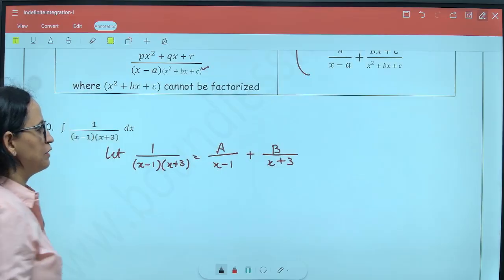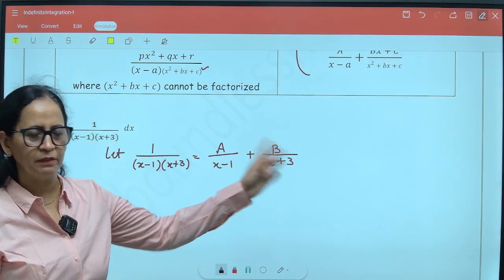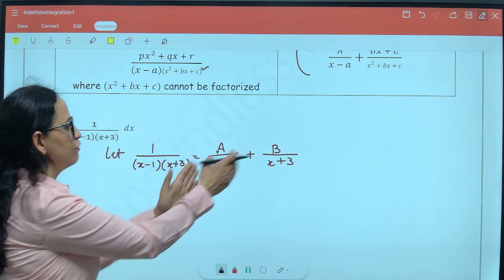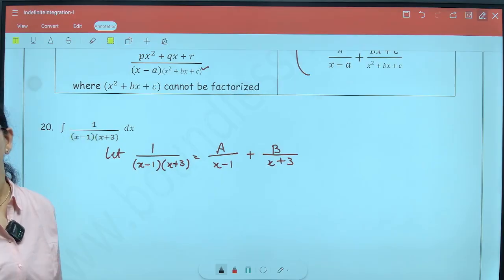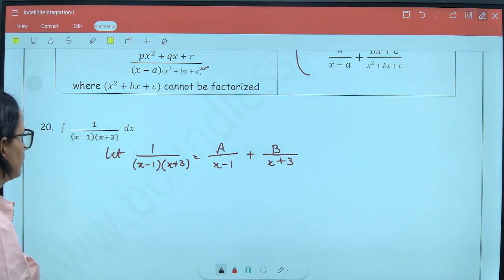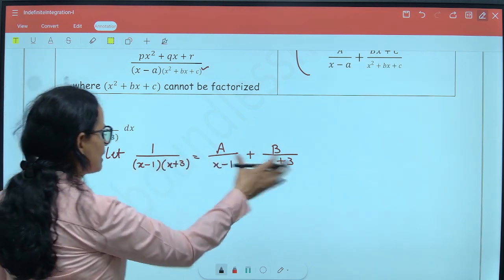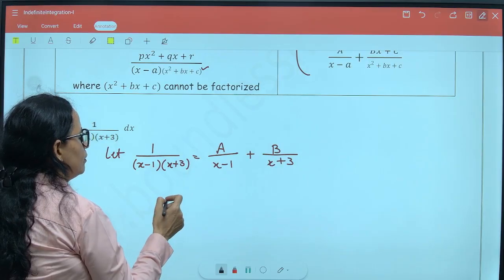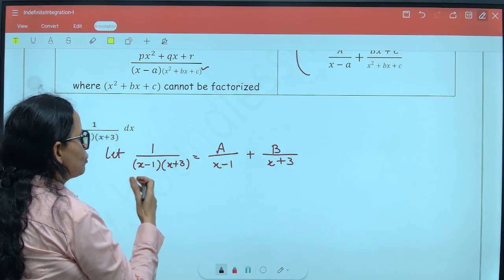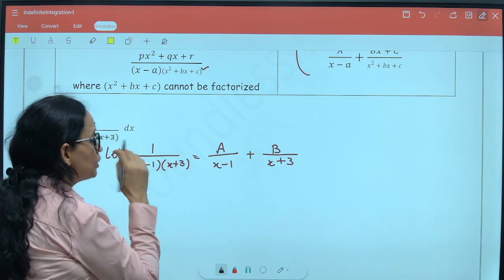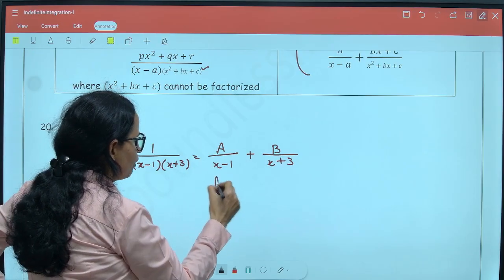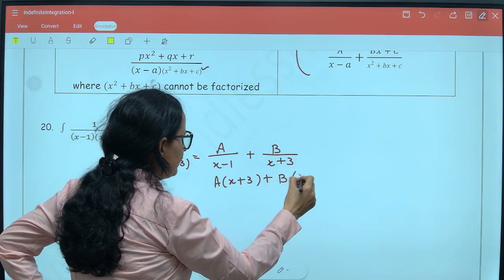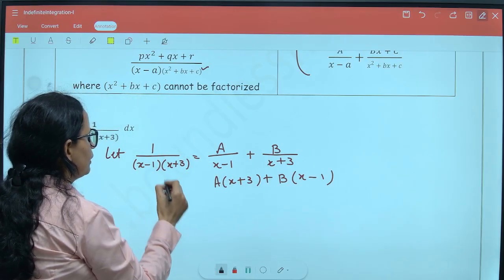The intention is to find the values of capital A and B, so that this integrand can be written in the form of two simpler fractions which can be integrated easily. Now when you put this equal to A upon x minus 1, B upon x plus 3, look at the coefficients of x in the numerator. If I take the LCM of this, it becomes A into (x plus 3) plus B into (x minus 1), and here the numerator was just 1.